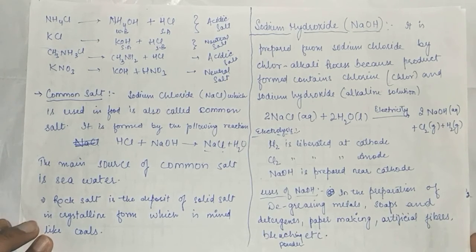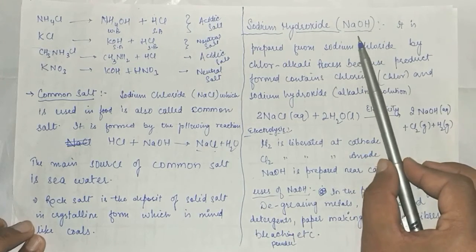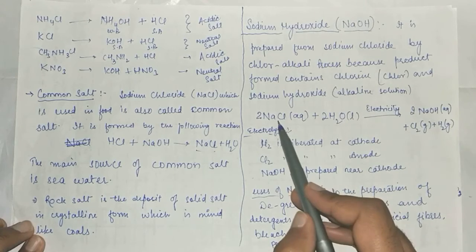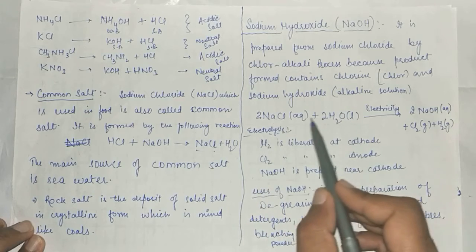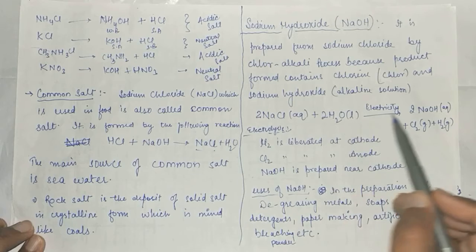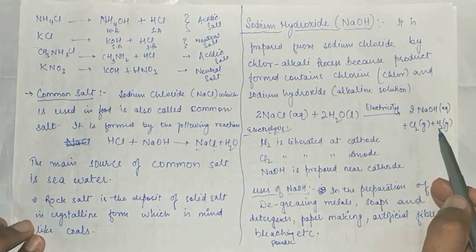Then after, sodium hydroxide. So what is sodium hydroxide? It is NaOH. It's a strong base and it is prepared from sodium chloride. This is sodium chloride, this is water, and by their electrolysis, which means we supply electricity to this solution, we prepare NaOH. Cl2 and H2 are released there.